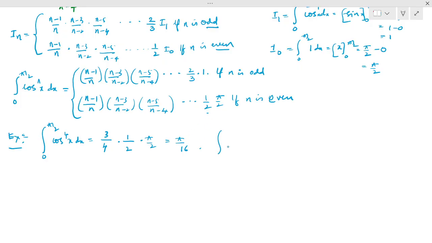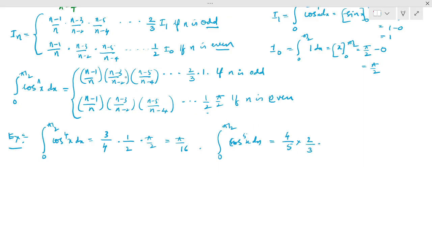So let us calculate the integration of cos raised to 5x dx between the limits 0 to pi by 2. Take n is equal to 5, and 5 is an odd number. (5 minus 1), 4 by 5. (5 minus 3), which is 2, by (5 minus 2), 3.